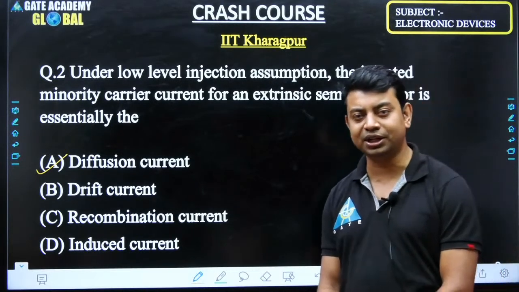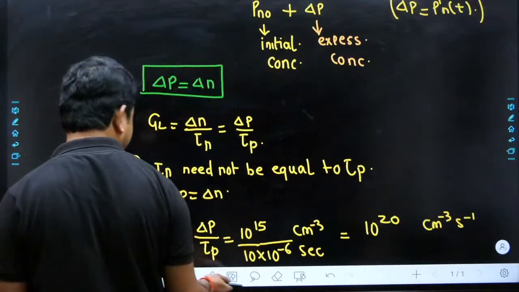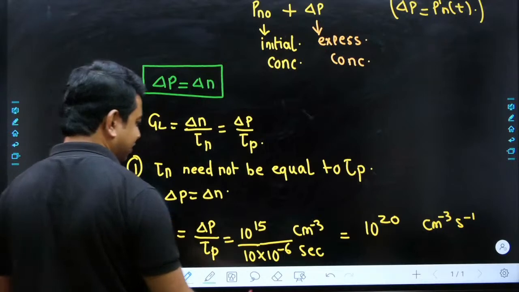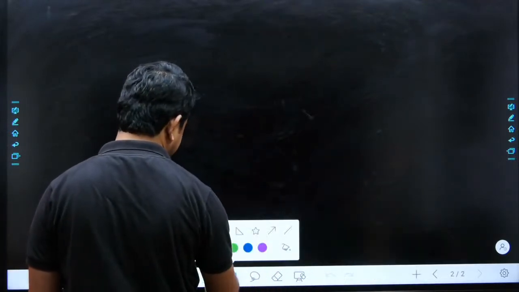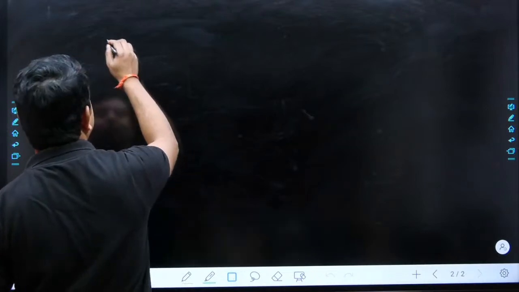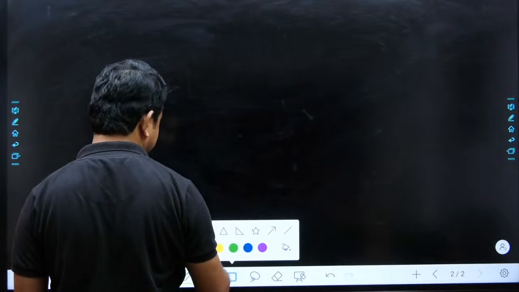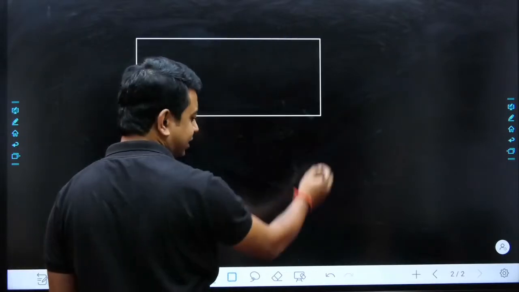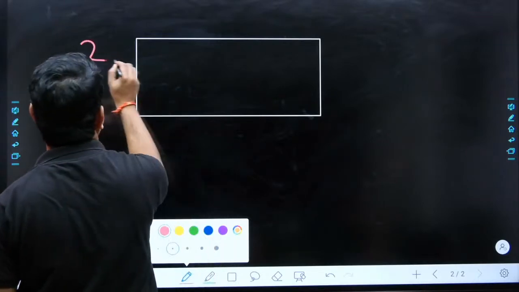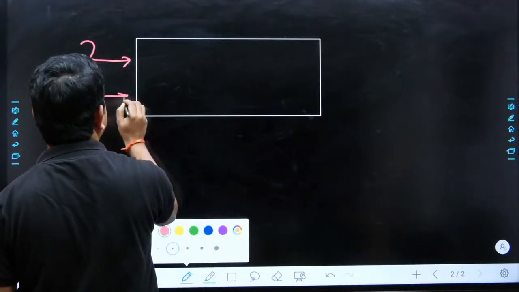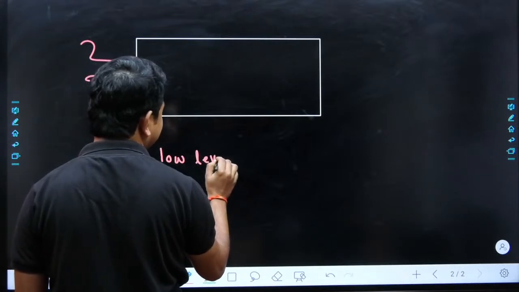So, under low level injection, let me use another slide and draw a visualization to understand things properly. This is a semiconductor and we are going to apply a light source here. When we apply a light source, this is known as low level injection.